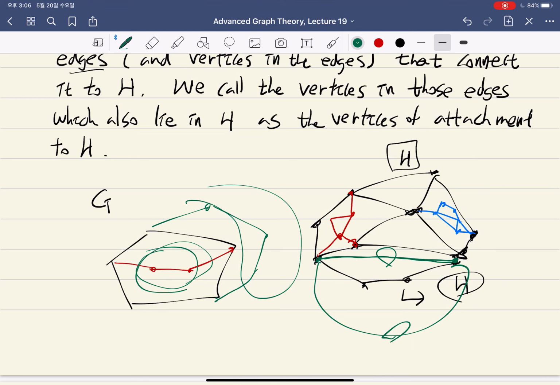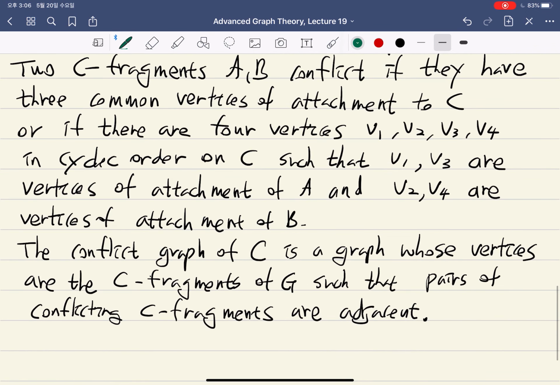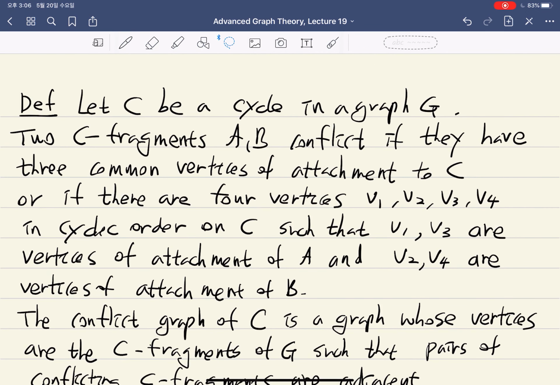All the things inside don't conflict with each other, and all the things outside don't conflict with each other, in the way that we define this and this conflict if they look like this. Anyway, this motivates us to define these fragments of a cycle.